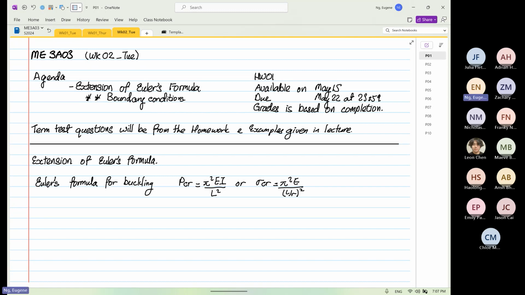Okay, so this is what we call the note, that the L over R is what we call the slenderness ratio.